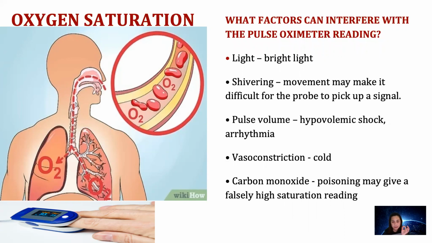Pulse volume: if your patient is dehydrated, like in hypovolemic shock, or has a heart problem like arrhythmia, that will affect the SpO2. Vasoconstriction: if the hand is cold, make sure to warm it first like this or cover it with a blanket or anything, so the result will be accurate. Then, if the patient has carbon monoxide poisoning, they will have a falsely high saturation reading.